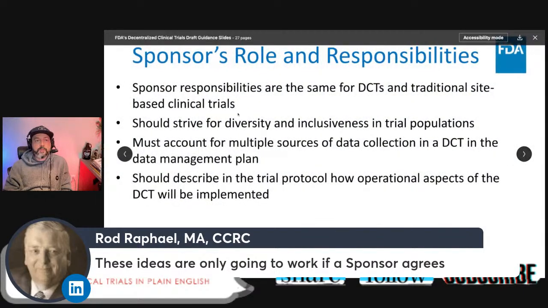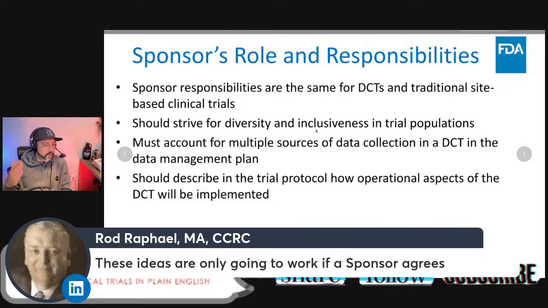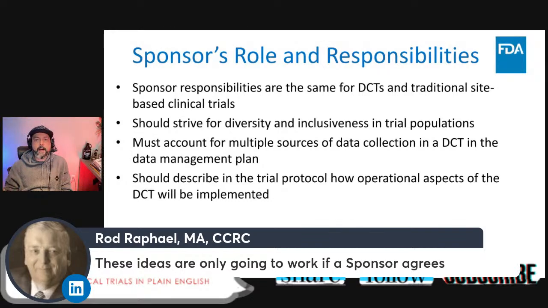Sponsor role and responsibility. Sponsor responsibilities are the same for DCT and traditional site-based trials. Should strive for diversity and inclusiveness in trial populations. Yes, but how? How will a technology help this? Someone still has to convince those patients to do the study in the first place.